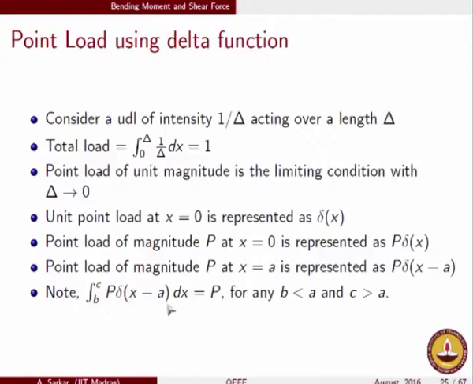So therefore this integral will give you a value of p. These are very intuitive ideas of the delta function. If you do a more advanced course, you will know many more formulas about the delta function, but this is roughly what we will require if we wish to use it towards our problems related to beams, okay.